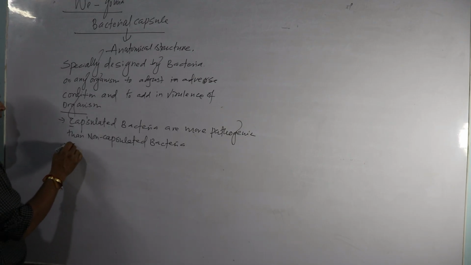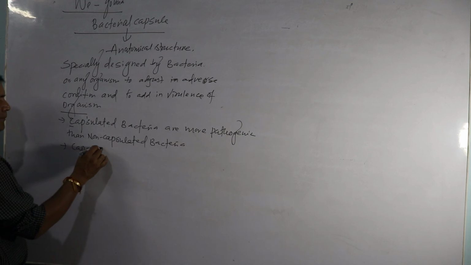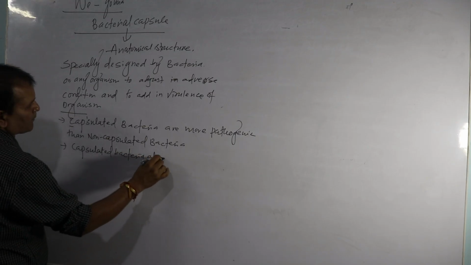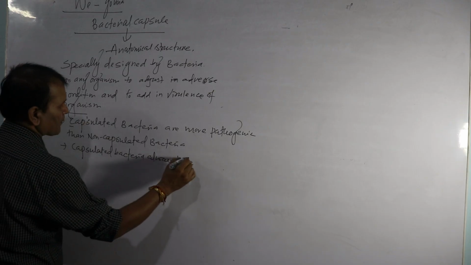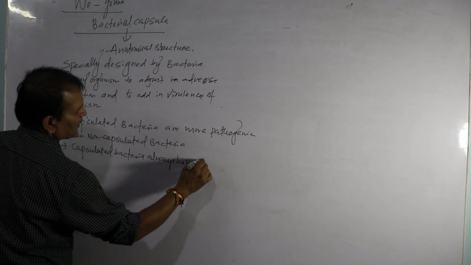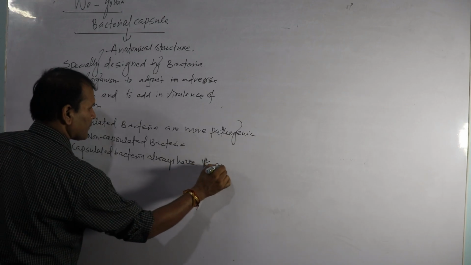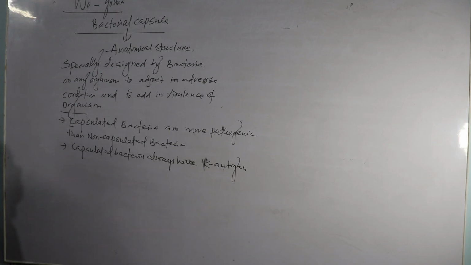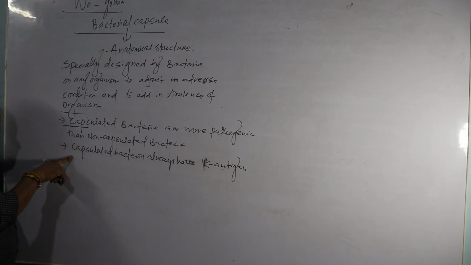Capsulated bacteria always have K antigen. So what is the capsule? Capsule is an anatomical structure designed by the bacteria or any organism to adjust in adverse conditions and to aid in the virulence of the organism. Capsulated bacteria are more pathogenic than non-capsulated, and capsulated bacteria always have K antigen.